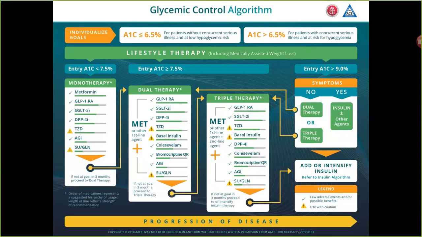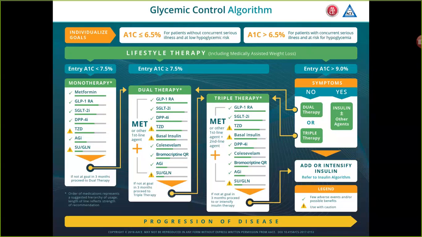And then it breaks down, based on A1c, what medication you might want to start and how many you want to start at that time. So this states that if their entry A1c is less than 7.5, you can start them on monotherapy, and it ranks the medications in order of the first one to use and the second one and so on.